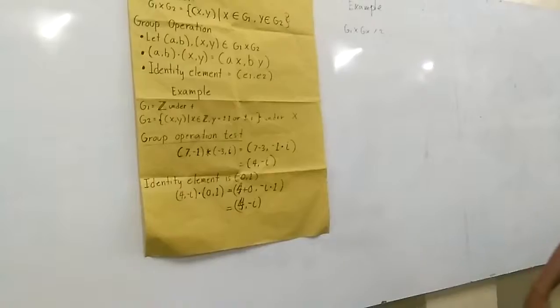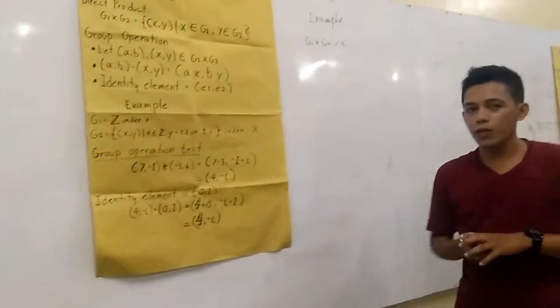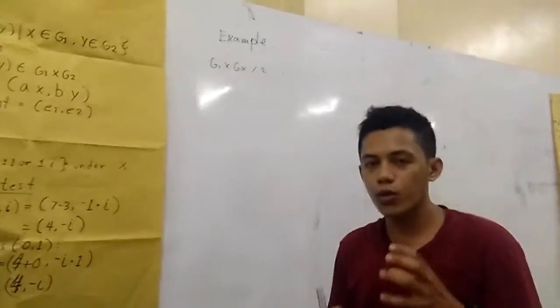Now, another example. In a direct product, we can combine two or more groups.